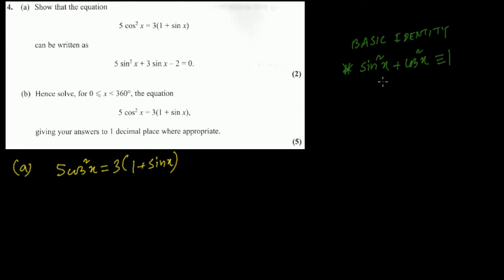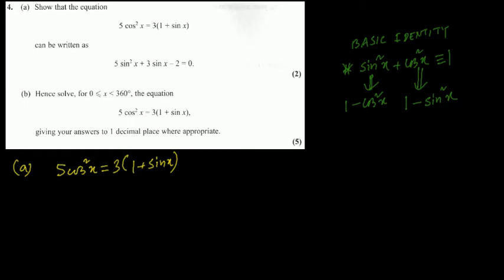So from here, since we have to get rid of cos square x, if we send the sine square x to the other side, cos square x is 1 minus sine square x. In other words, it is identical to 1 minus sine square x. Similarly, we can also say sine square x identical to 1 minus cos square x. So this is the basic identity.